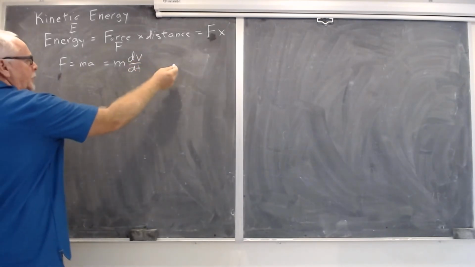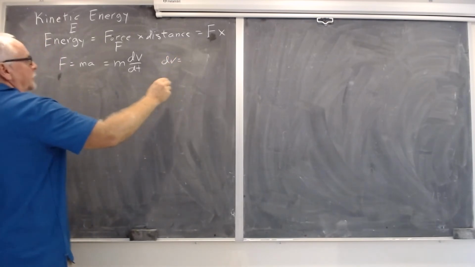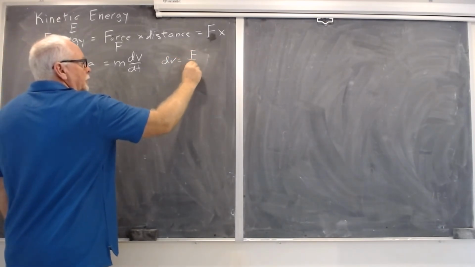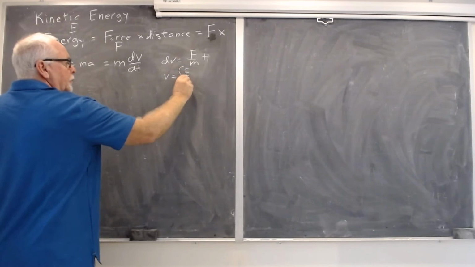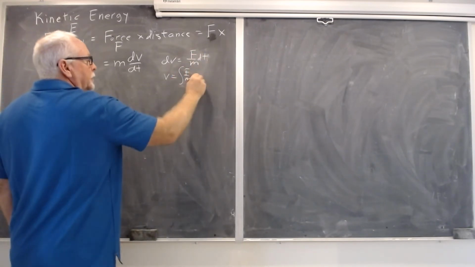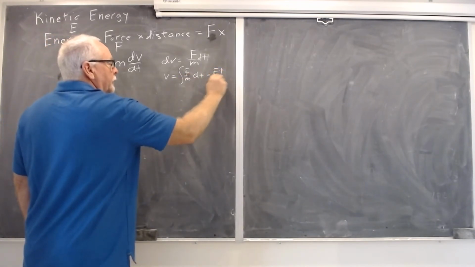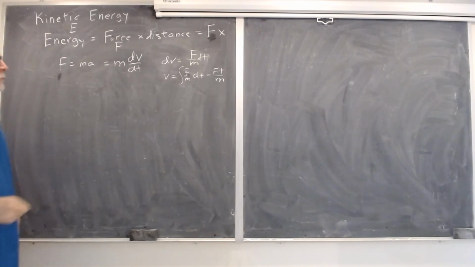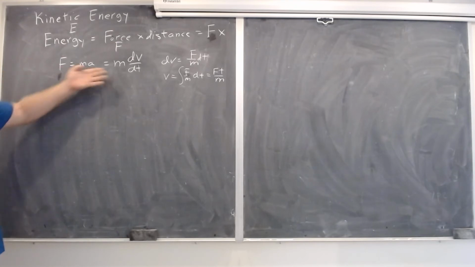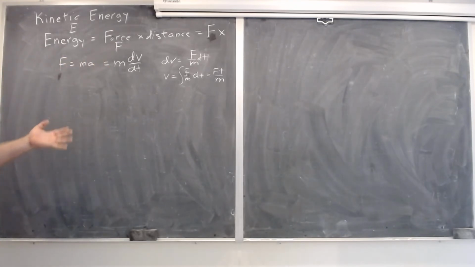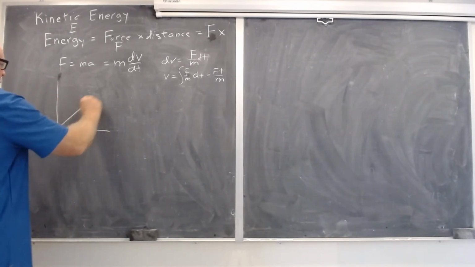If I turn this around, this becomes dv is equal to F over m dt, and so the velocity is the integral of F over m dt, or Ft over m. So if I push something with a constant force, allowing it to accelerate, its velocity will go up linearly with time.